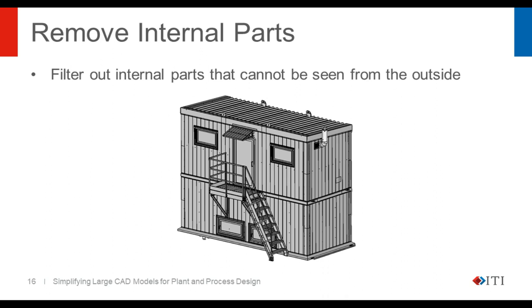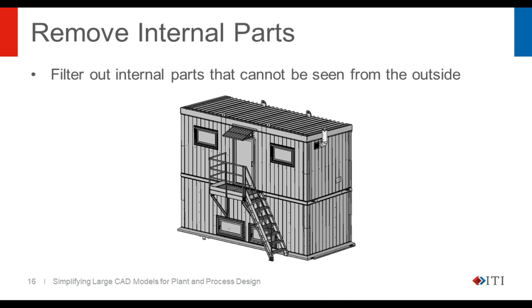So here we have, I think this was a test model called a storm water processing station, where all the detail is contained inside the cabin. And if we pull away the front of that cabin to look inside, we can see all of the equipment, the filters, the pipe work that sits inside, which is adding to the mass of data we're trying to handle.